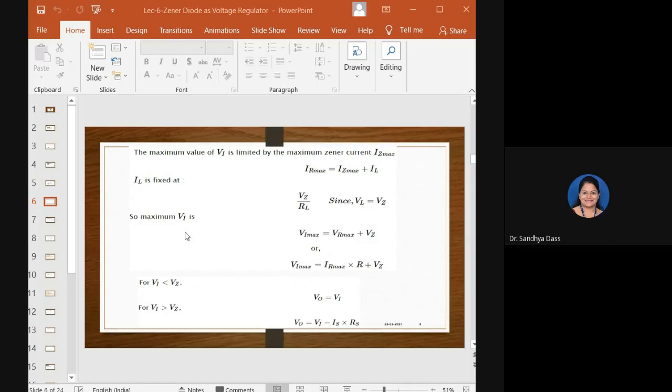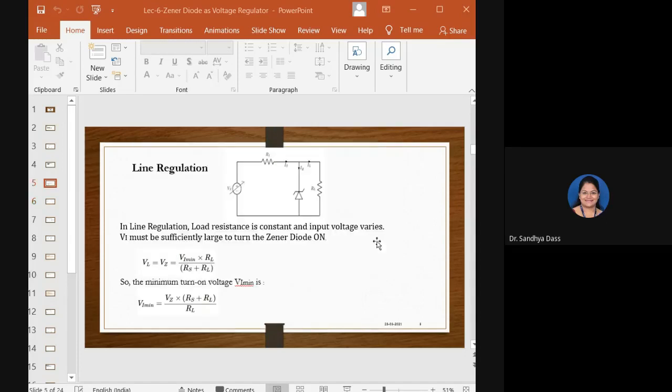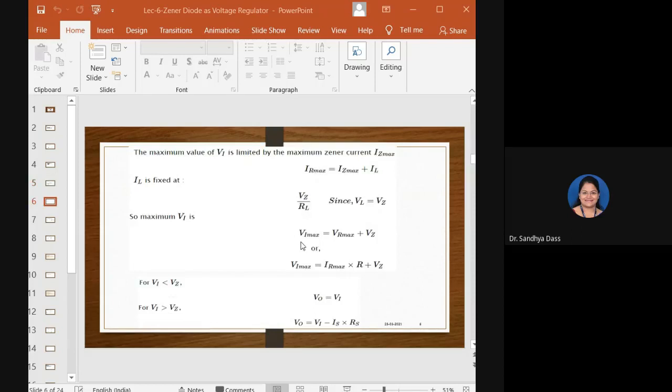So the maximum Vi, we can write from Kirchhoff's voltage law now. Vi max will be equal to VR max plus Vz. Applying Kirchhoff's voltage law in the circuit, Vi minus VR minus Vz will be equal to 0. According to that, Vi max will be equal to VR max plus Vz.